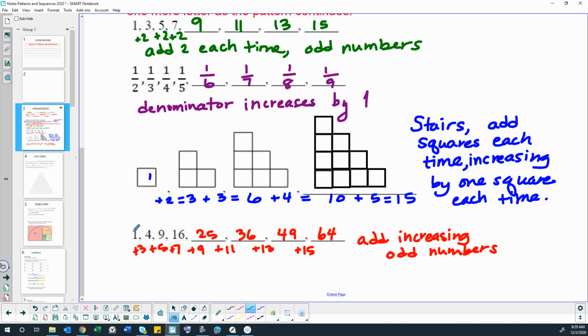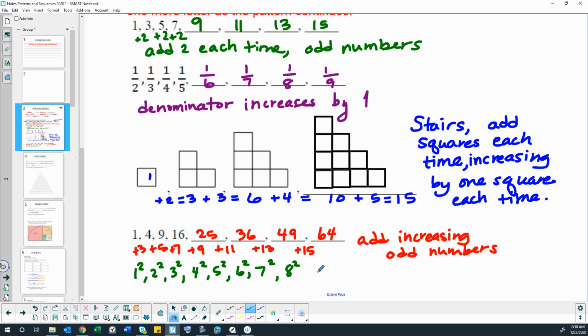Another thing I noticed about this is if you take numbers that you count with and you just square them, you also get these numbers. So if I take just counting numbers, so 1 squared is 1, 2 squared is 4, 3 squared is 9, that means 3 times 3, right? 4 squared is 16, 5 squared is 25, 6 squared is 36, 7 squared is 49, 8 squared is 64.